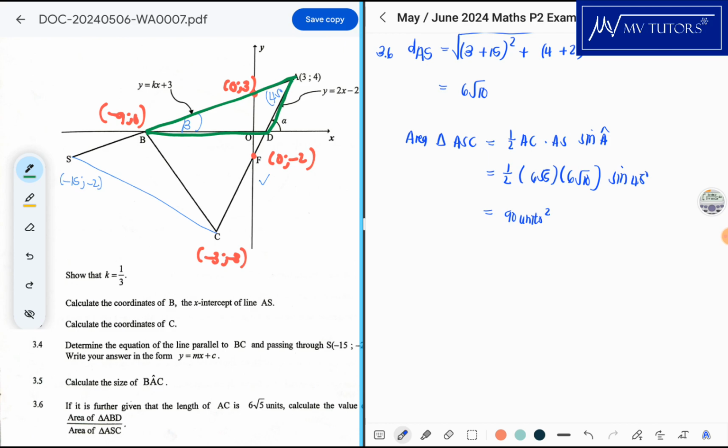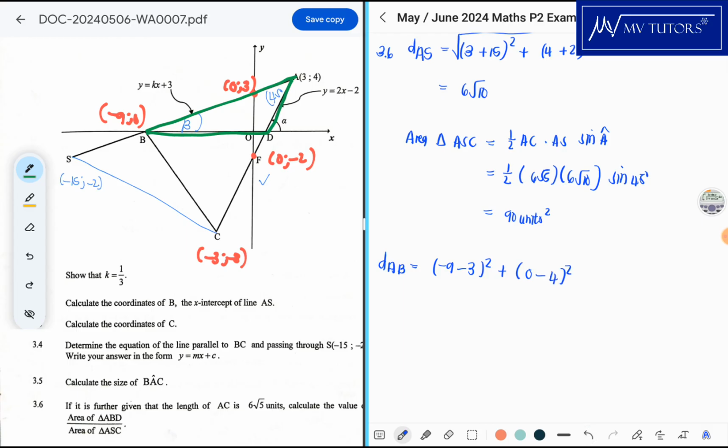Should I go ahead and calculate the length of AD? I can do that. And then calculate the length of AB. Yeah, so I'm going to start first by calculating the length of AB. So AB is equal to, so what is the x-coordinate of B? It's minus 9 minus the x-coordinate of A, which is 3. And then the y-coordinate of B is 0 minus that of A, which is 4.